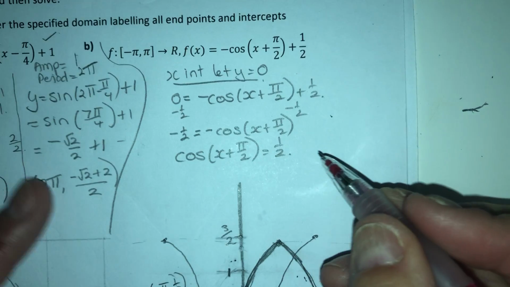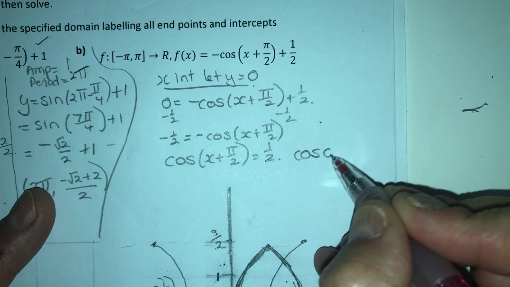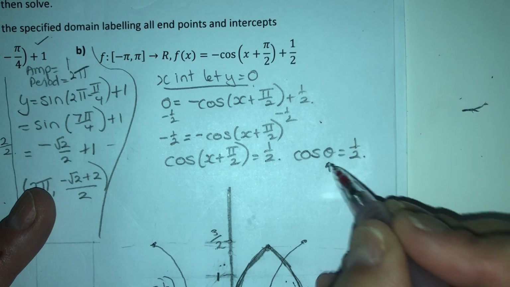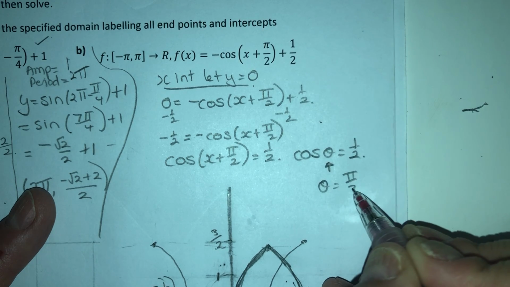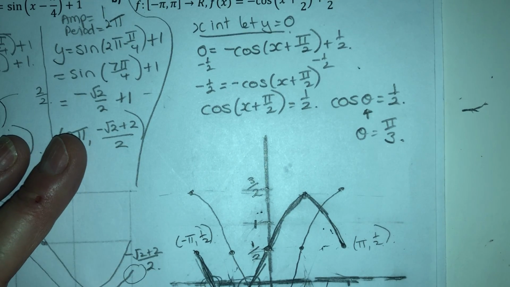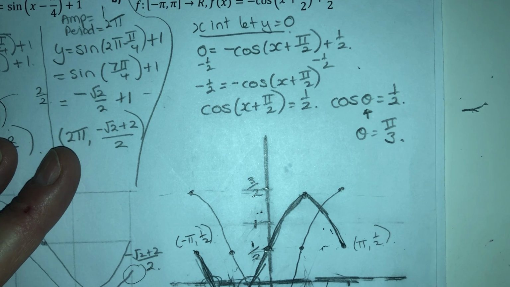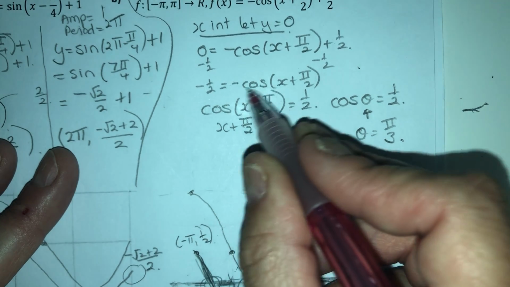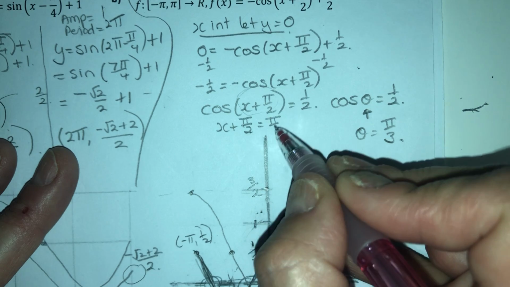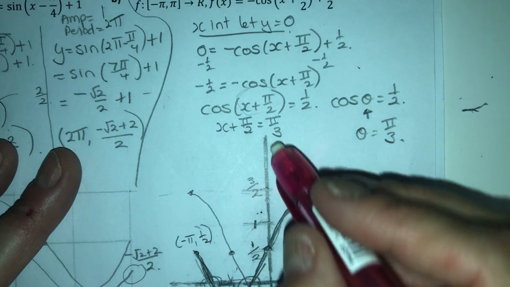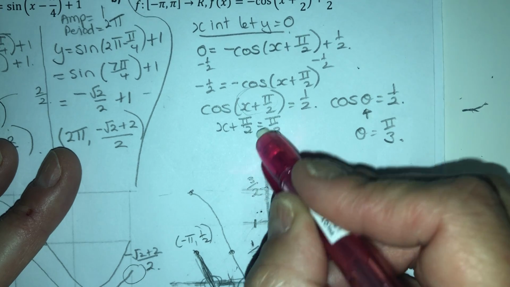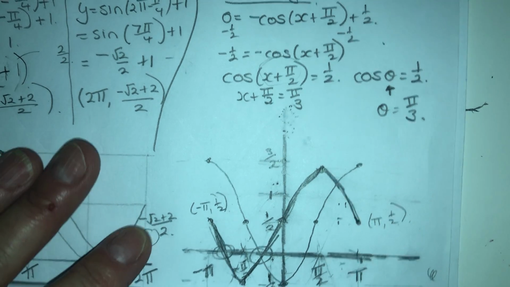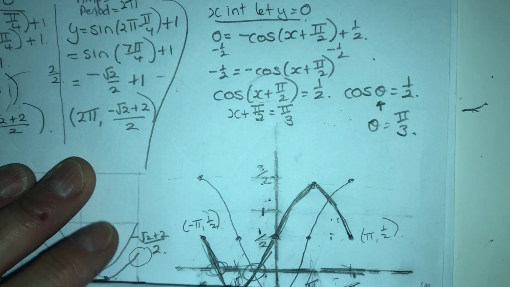Now, we know from our unit circle that cos theta, if we want it to equal 1/2, then theta is equal to pi on 3. So instead of that, we're going to say that x plus pi on 2, which is like our theta, is equal to pi on 3. Okay, we still have to work out what these values are. Now, we hope that they're negative values because obviously our graph is in the negative over there. So we hope that that's going to come out and work.